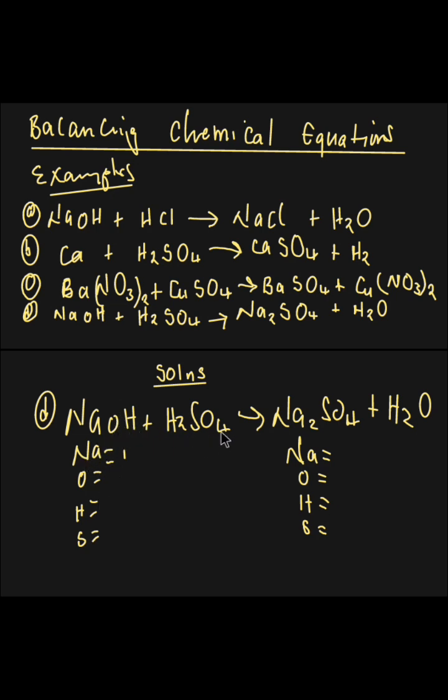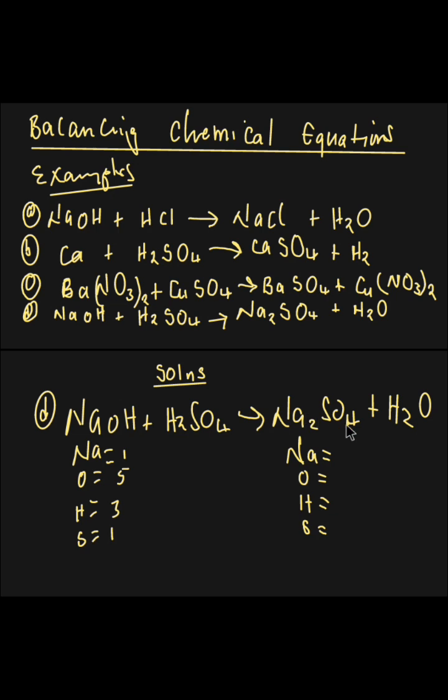Here we have for this oxygen 1, then plus 4, so we have 5. Then hydrogen, how many? So we have 2 plus 1, that is 3. Then sulfur, how many do we have here? So we have 1.